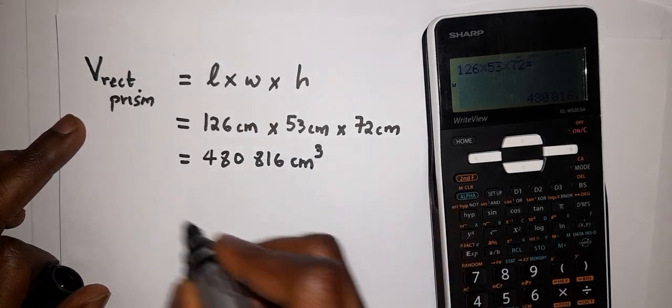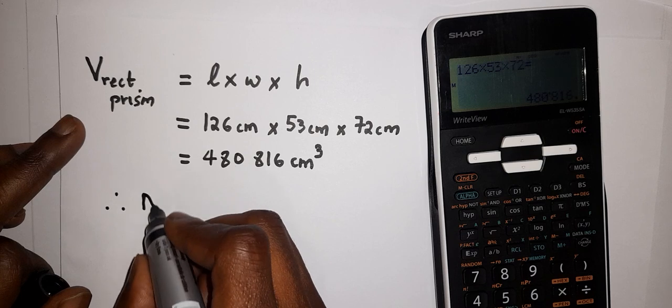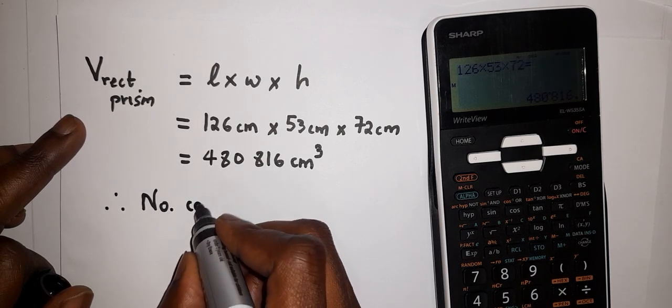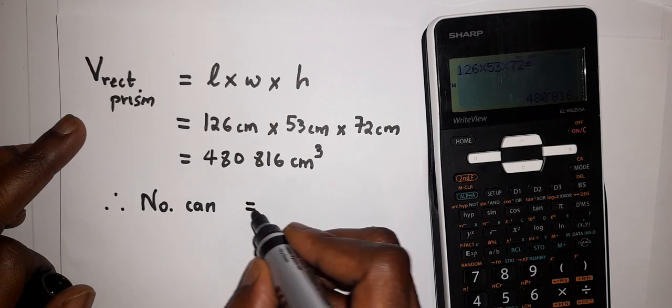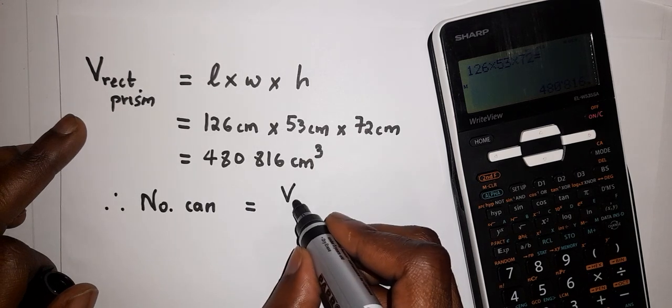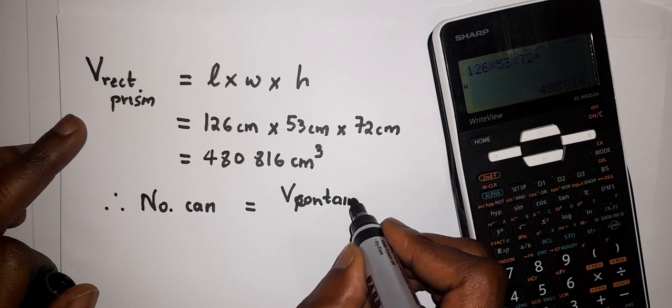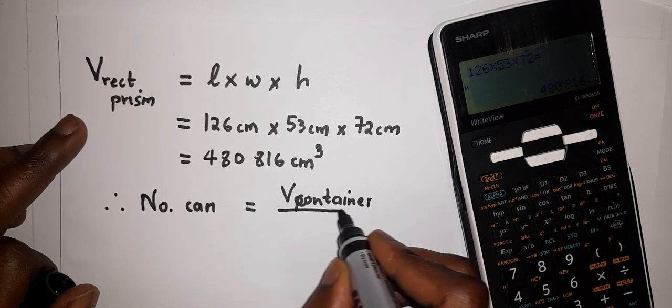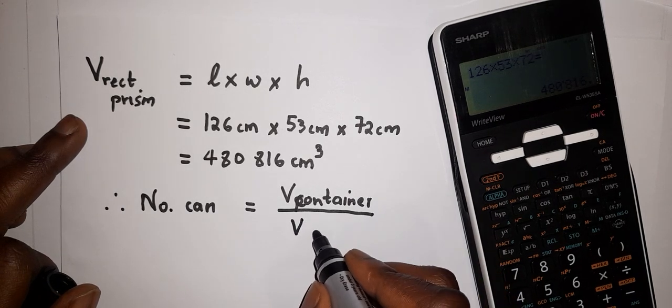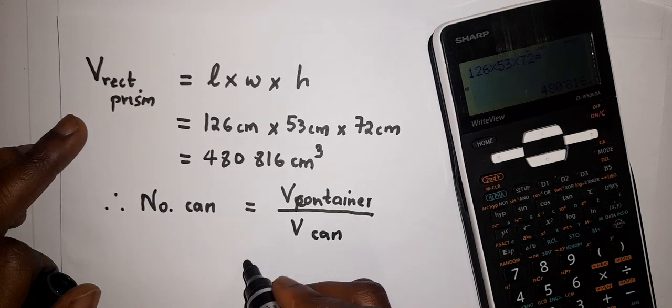cubic centimeters. Therefore, it means the number of cans that we can pack is going to be the volume of the container divided by the volume of one can.